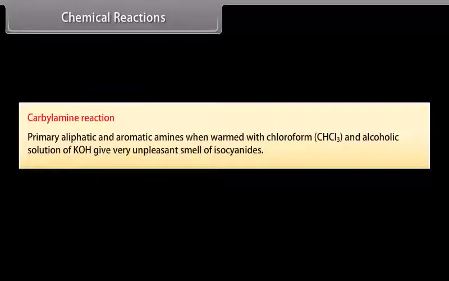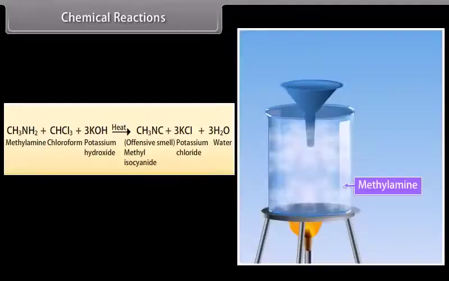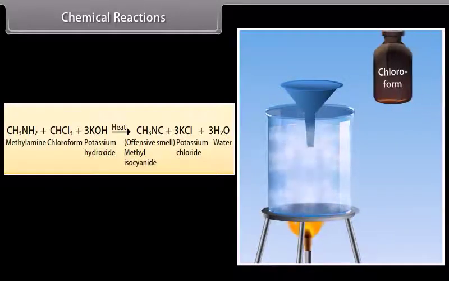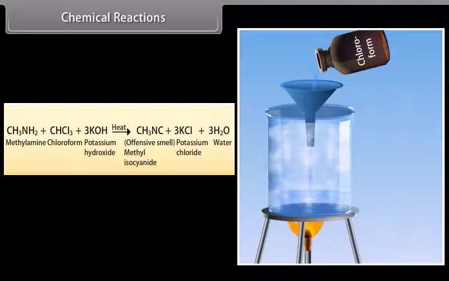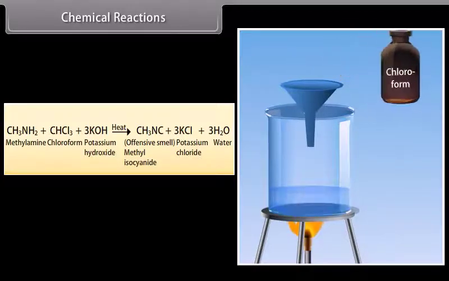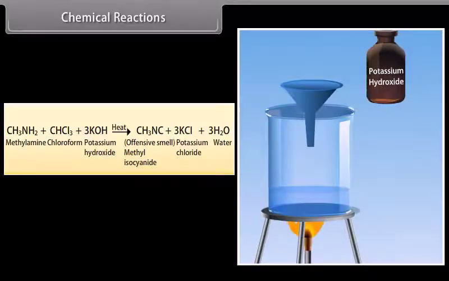Primary aliphatic and aromatic amines, when warmed with chloroform and alcoholic solution of potassium hydroxide, give very unpleasant smelling isocyanides. Chloroform and alcoholic solution of potassium hydroxide react with methylamine and form methyl isocyanide, potassium chloride and water.